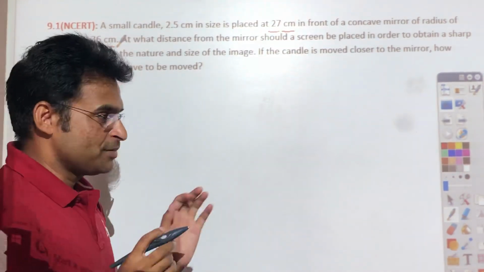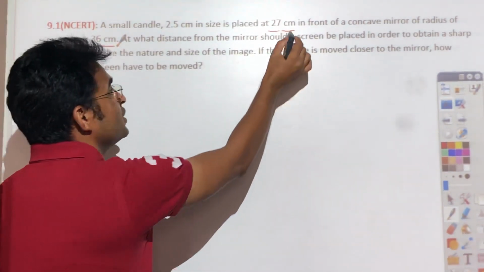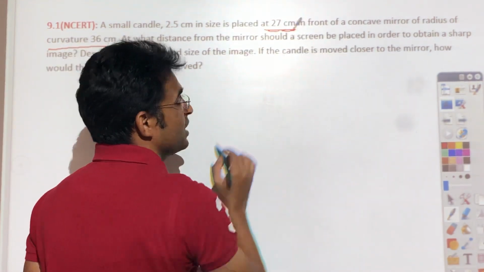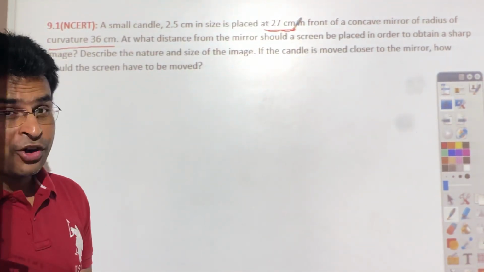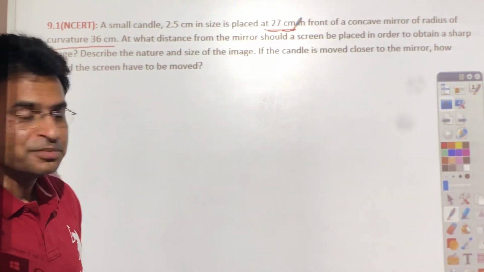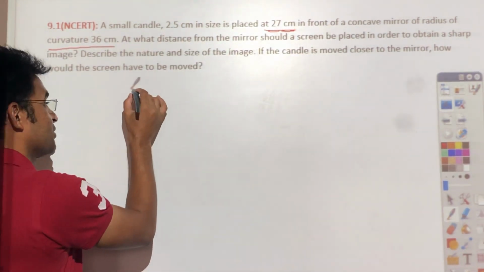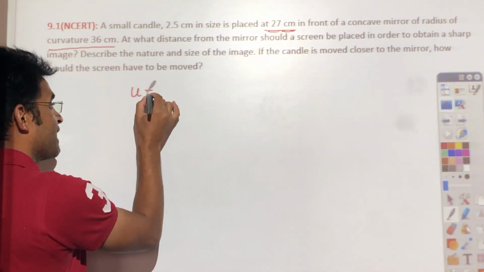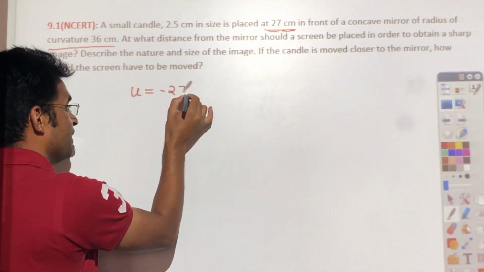First we focus on the given data. The object distance is 27 centimeter, and we know the object distance must be negative, since we are talking about a real object. So the value of u I'll write as -27 centimeter.